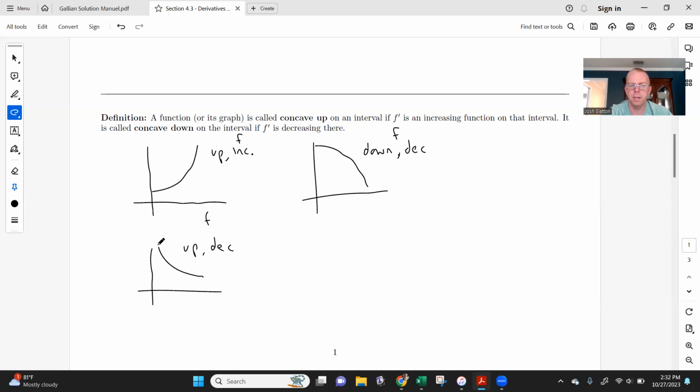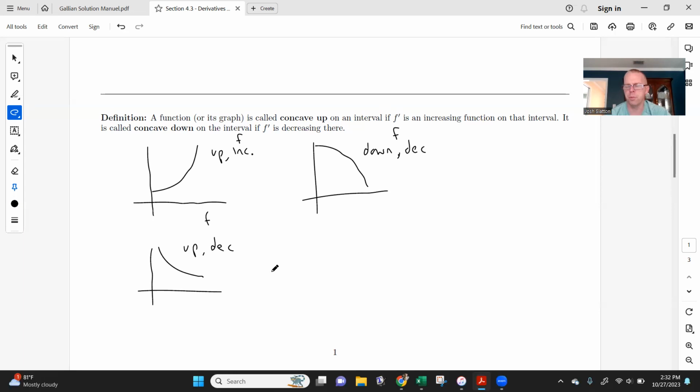So here the tangent line slope would be a larger negative number, negative 5, negative 8, whatever it might be. And then here we're getting closer to 0. So it's going from negative 5 to 0, it looks like, if we kept going. So the slope is going up. The slope is increasing, so that's why we're concave up.